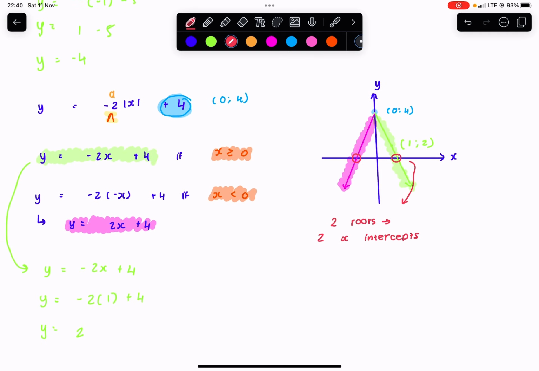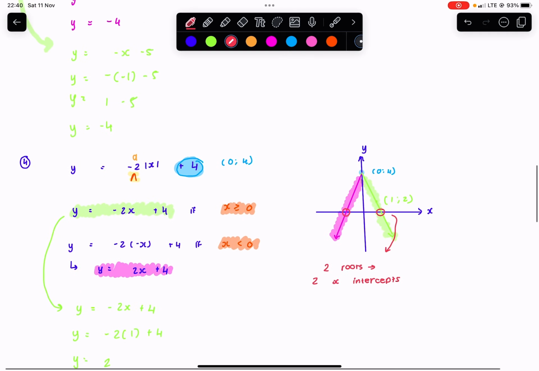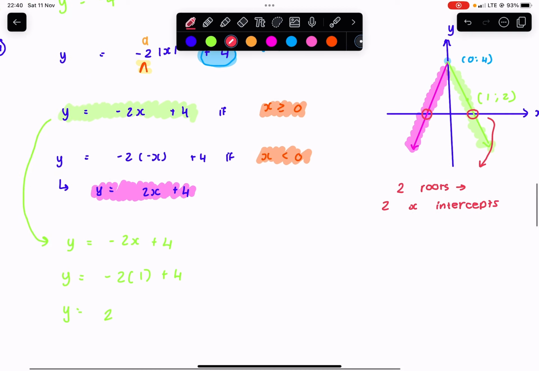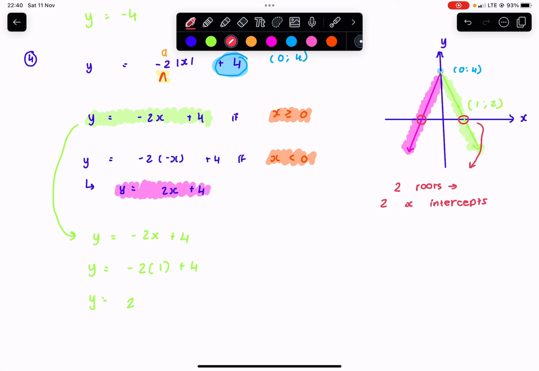And this means we're going to have to find them, because usually in questions they will ask you to label the x-intercepts. They usually ask this question. And so in order to find that, you would find it any other way like you would in a normal equation.